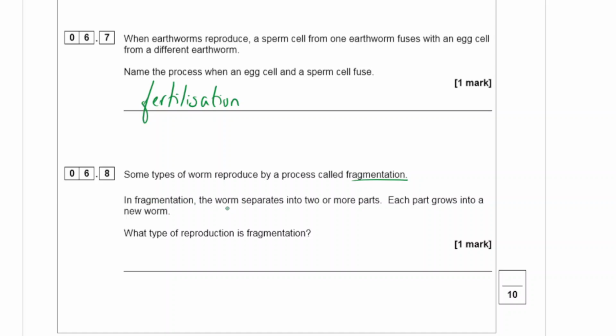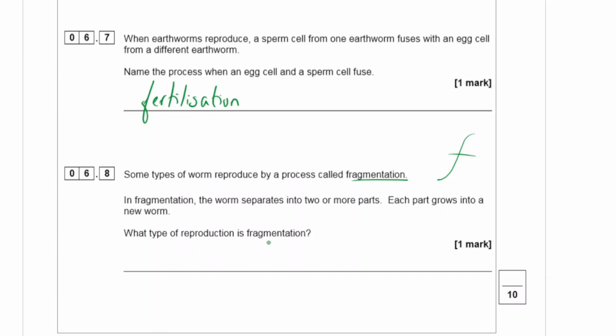In fragmentation, the earthworm separates into two or more parts. Each part grows into a new earthworm. So if you cut an earthworm into two, they'll grow into two different earthworms. That's being a bit cruel, but that's fragmentation.